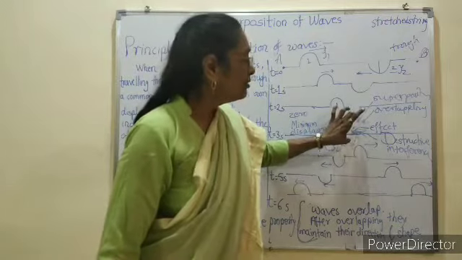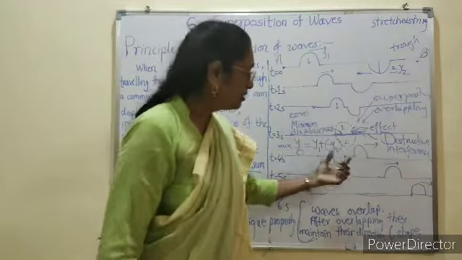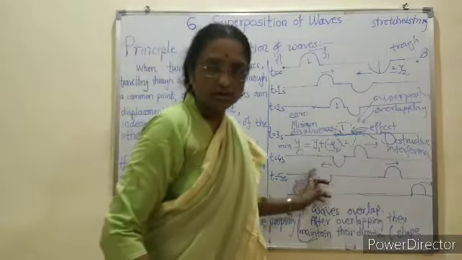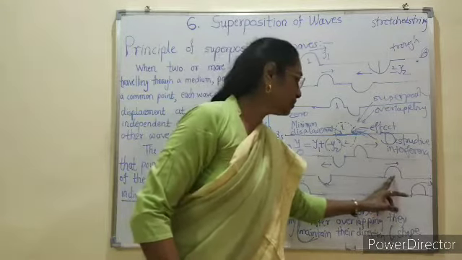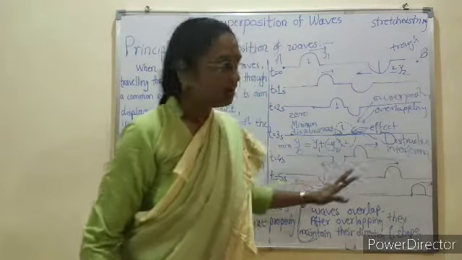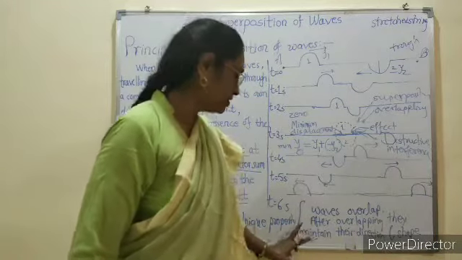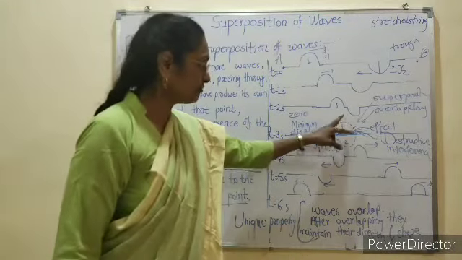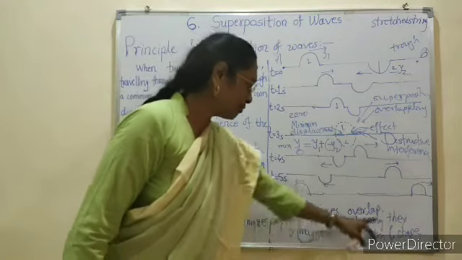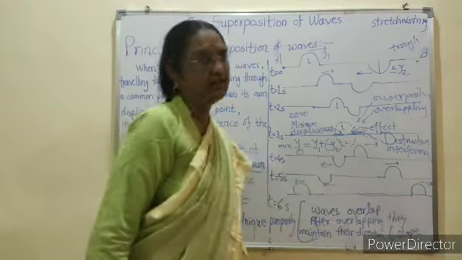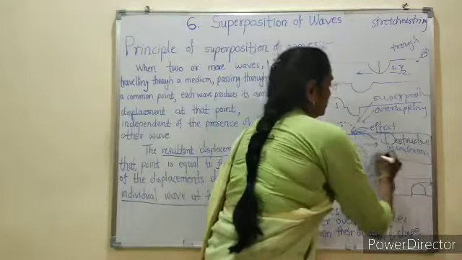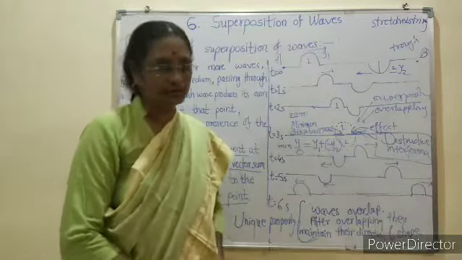It is minimum or exactly equal to 0. But after overlapping, after superposition, each pulse travels in its own given direction and maintains its shape in this case also. So after overlapping they maintain their direction and shape. This interference is called destructive interference.